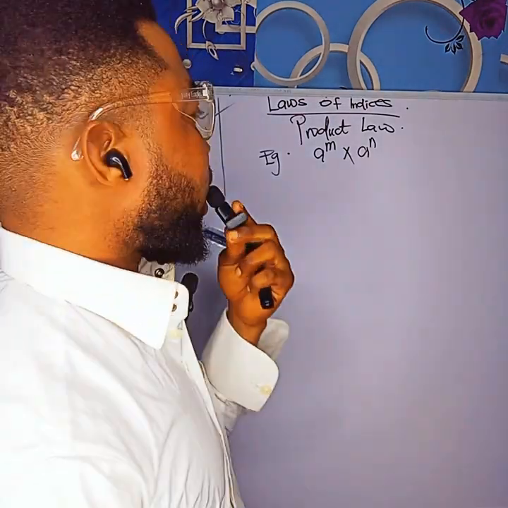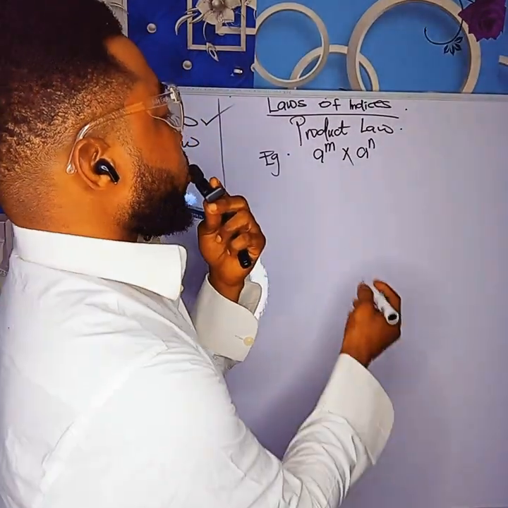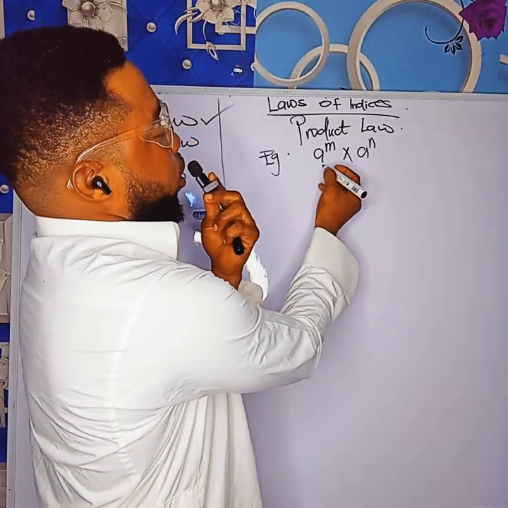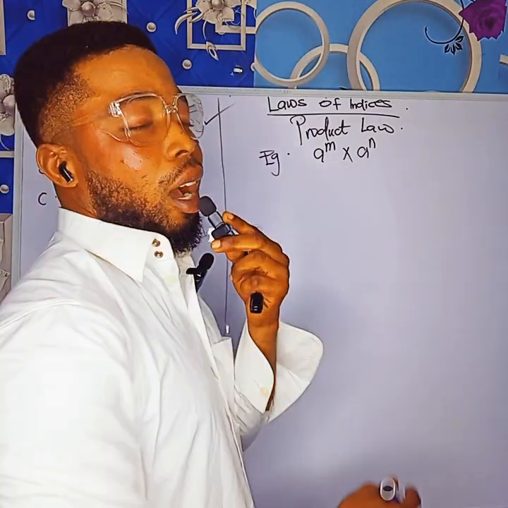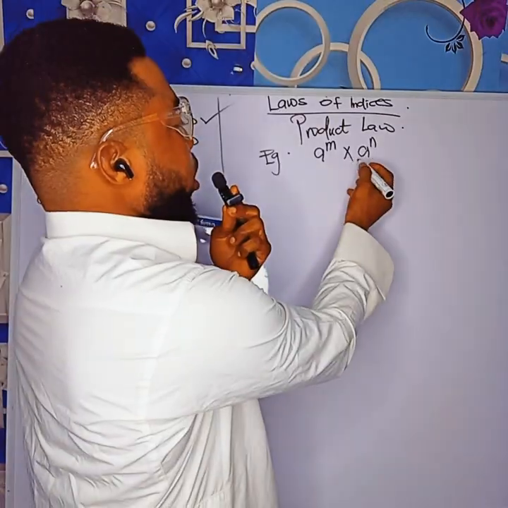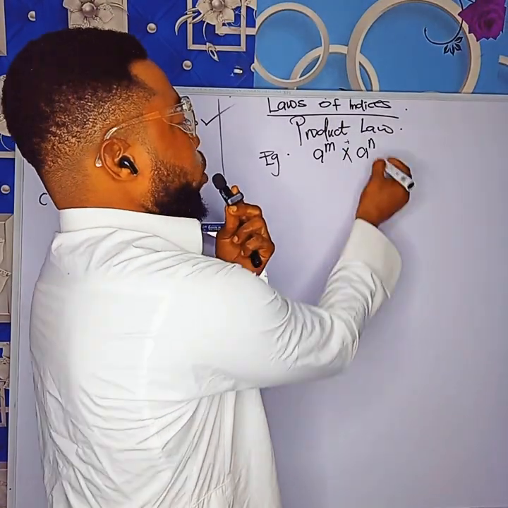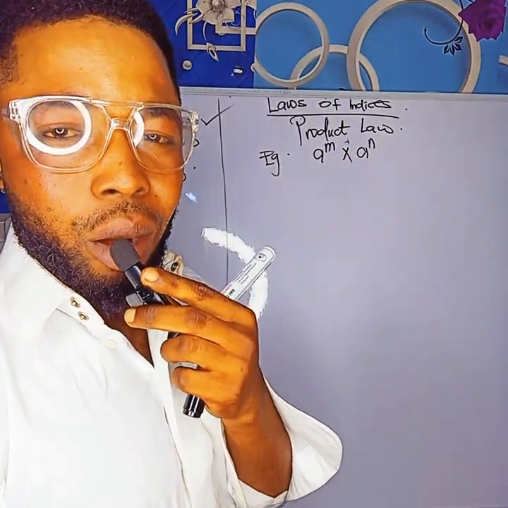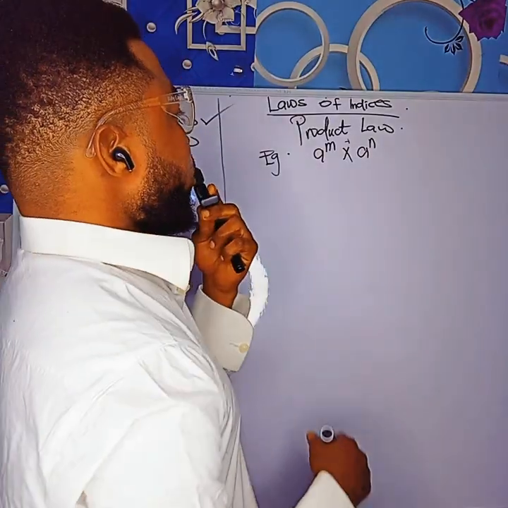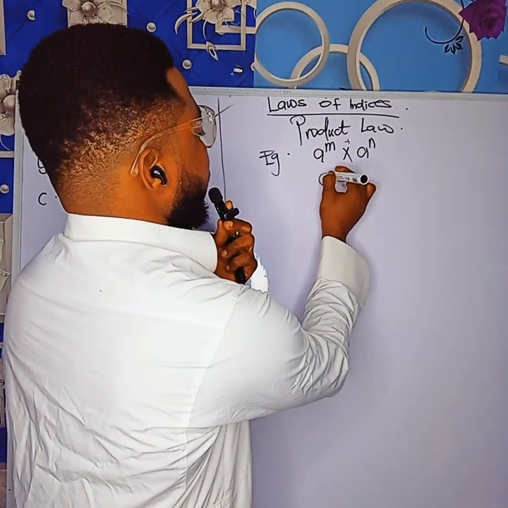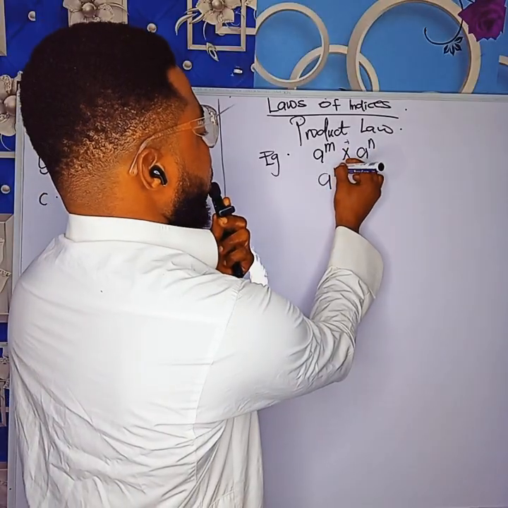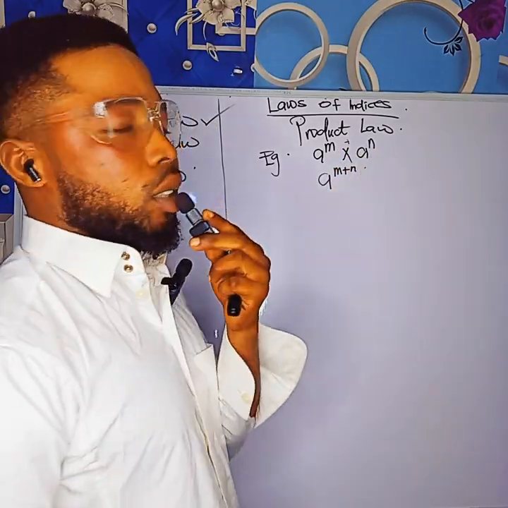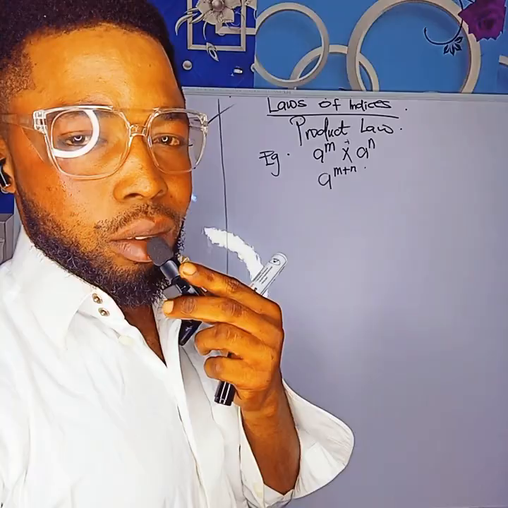So here, basically, the law says when you see that the bases are the same and they are multiplying, you just have to add the exponents, the powers. So we take one of the base, then we add the powers. Just like that.